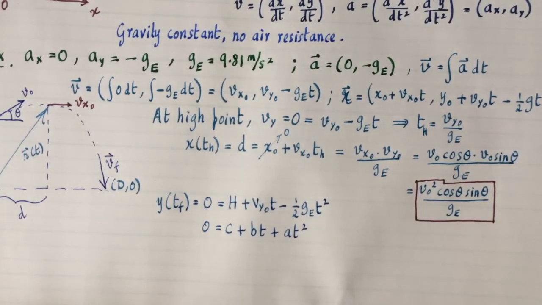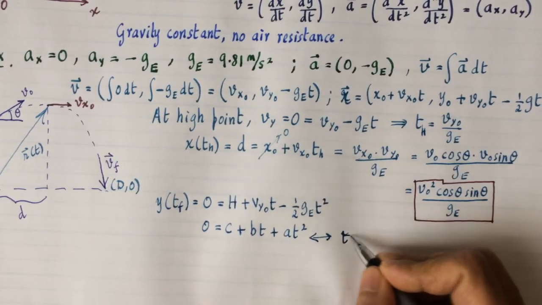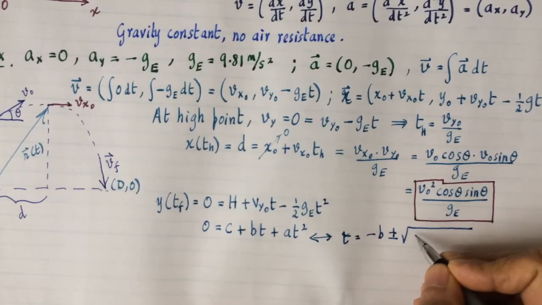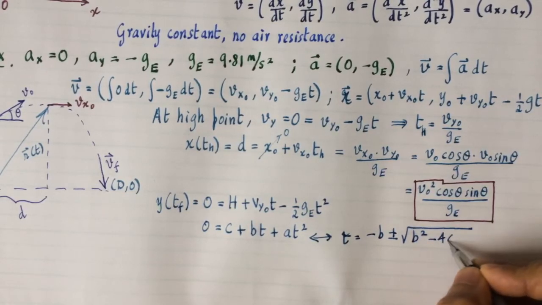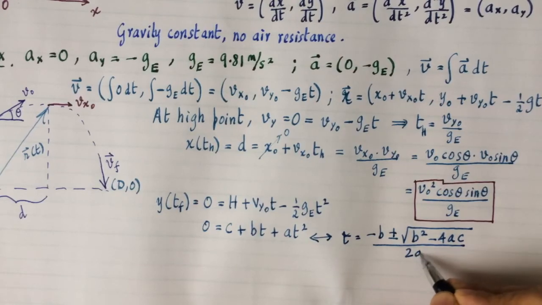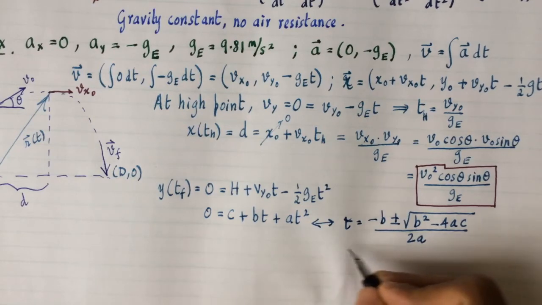Now, in high school, you've studied how to do this using the quadratic formula, and that quadratic formula is the following: t equals negative b plus or minus the square root of b squared minus 4ac over 2a. I'm sure you were singing it along with me.